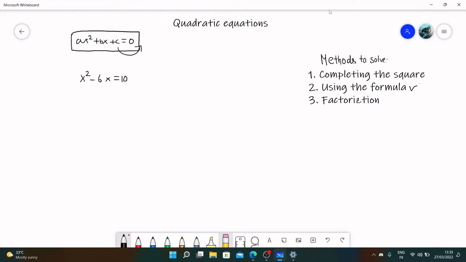The first step is to take half of your b value and square it. So you're going to write x squared minus 6x plus (minus 3) squared equals 10.